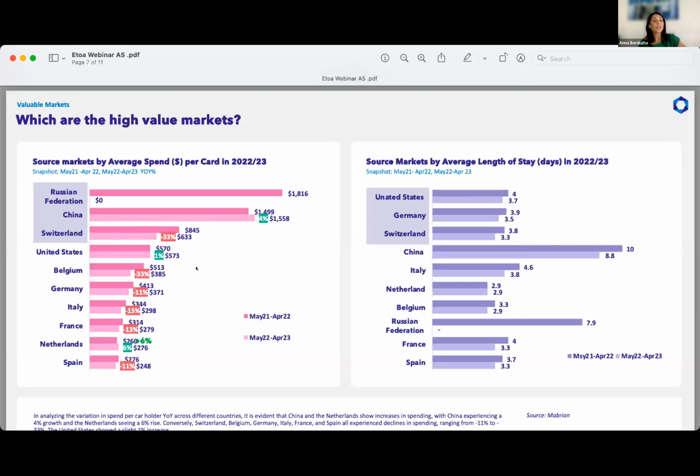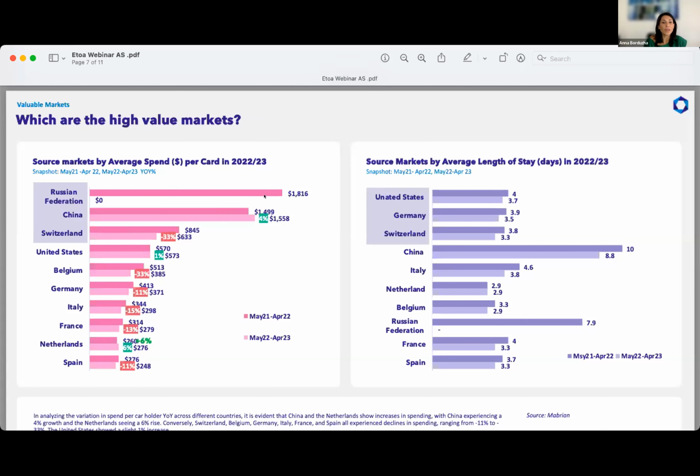From here, what we can see is that the market that used to spend the most at the destination per visitor, per cardholder, is visitors from the Russian Federation. But we have this data only for 2022.